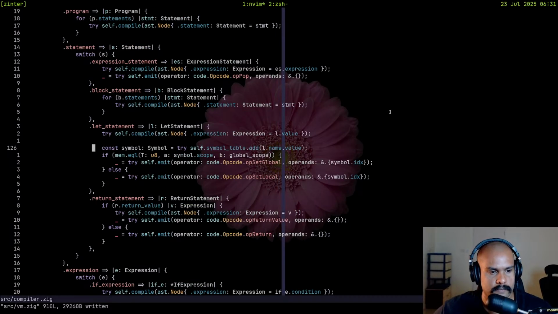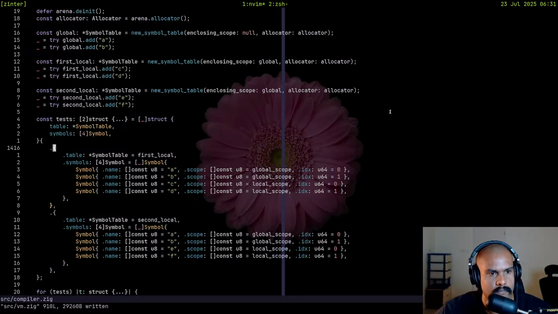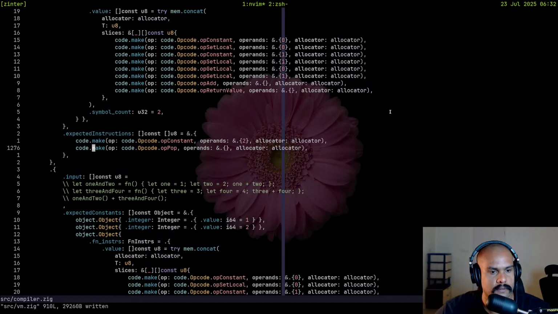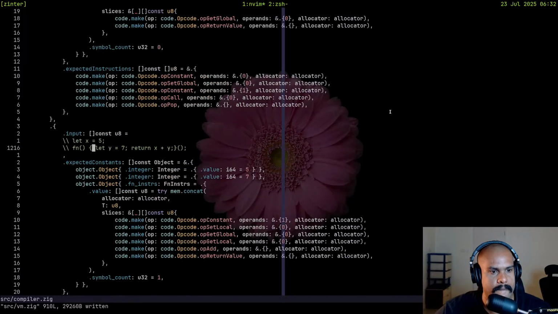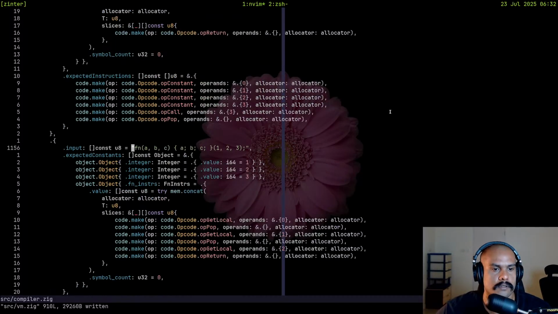Let me check the compiler. Where's that function? Not this one. No, not this. Yeah. I mean, that makes sense. The objects get added first.